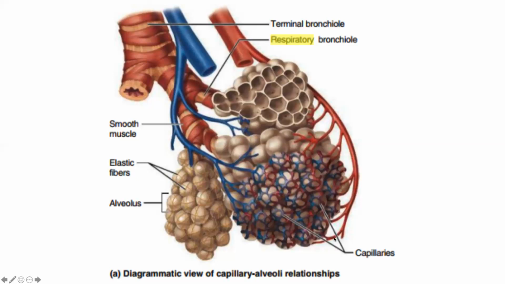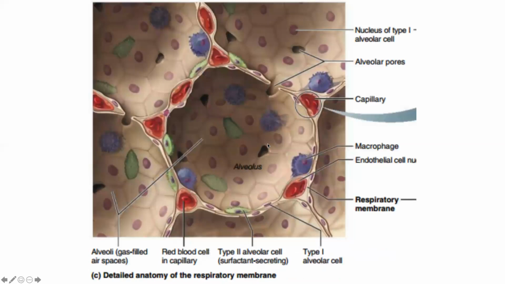And finally, these capillaries will merge together to form small arterioles, venules, and then finally pulmonary veins will return to the heart.